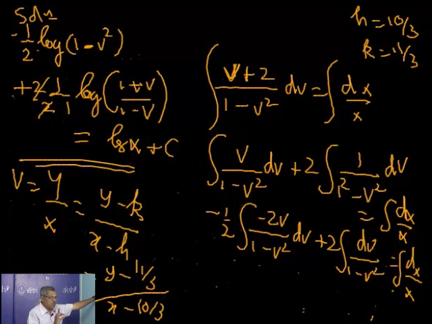Thereby, we are able to reduce it to homogeneous. Once you are getting homogeneous, Y = vX is the substitution, and thereby we are getting a very simple integral. Integrating, we are getting the solution where v is replaced by Y/X, where Y is replaced by y - k, X is replaced by x - h according to the given substitution. So this gives the solution of the given differential equation, which comes under non-homogeneous type.